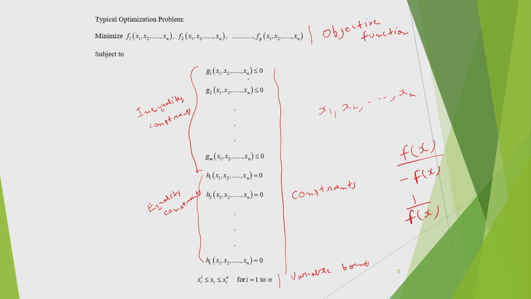Similarly, if an inequality g1 was greater than or equal to 0, I can multiply both sides by minus 1 and convert it into smaller than or equal to 0. This is not a difficult thing. Even if I want to minimize some function, then the function plus a constant is also the same thing. So the constant doesn't matter, okay.